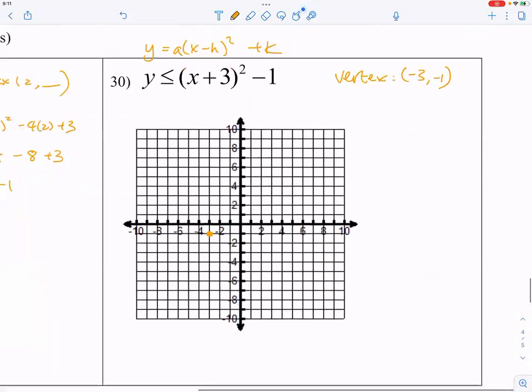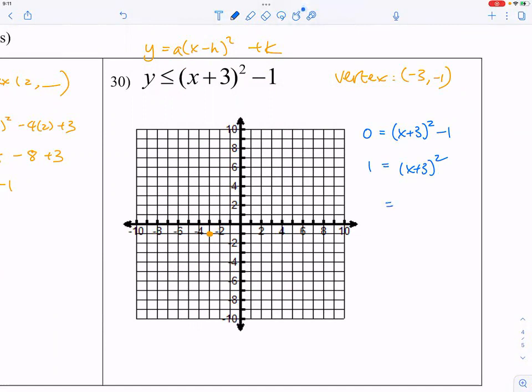All right, and now where are the x-intercepts? You will have to put the y equal to 0. So it's quite similar to what we did earlier. Please find x. So how do we get x? Okay, we add 1 on both sides.